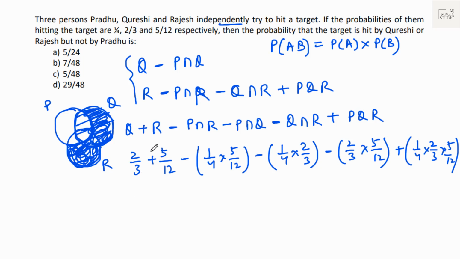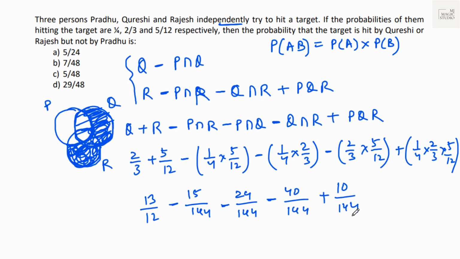Okay. So 8 plus 13 by 12, let me keep it like this, into 12, 15 by 144 minus 24 by 144 minus 40 by 144 plus 10 by 144.